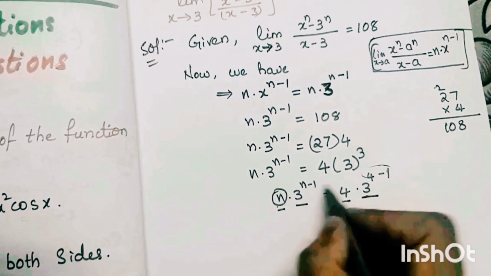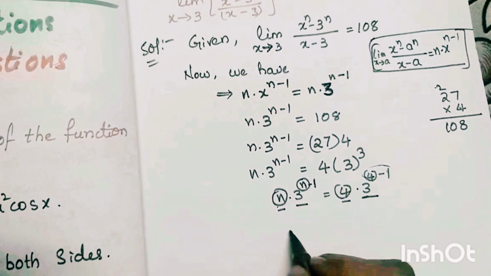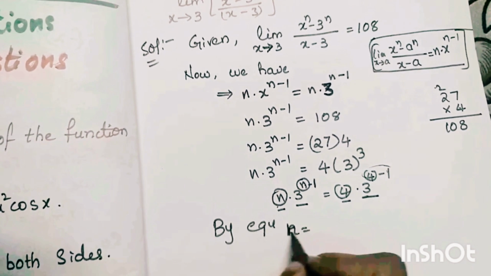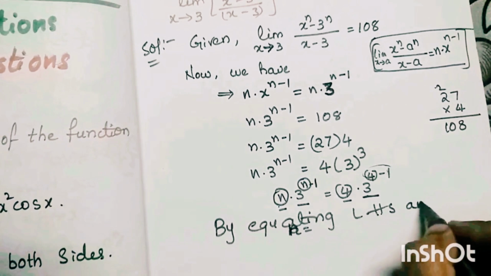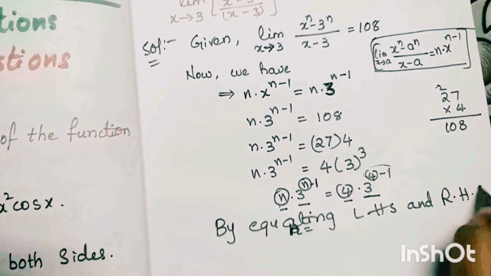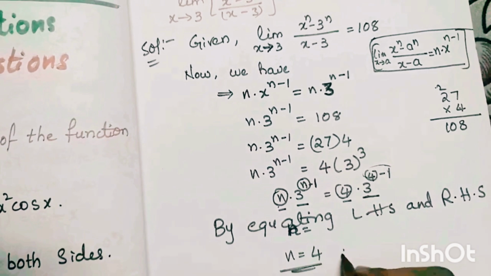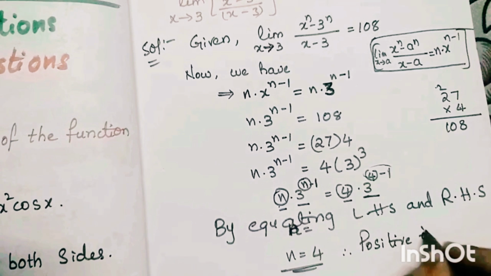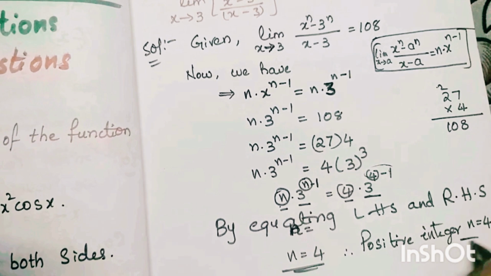In place of n we have what, children? 4. So n is equal to 4. By equating both LHS and RHS we get n equal to 4. Therefore the positive integer n is equal to 4.